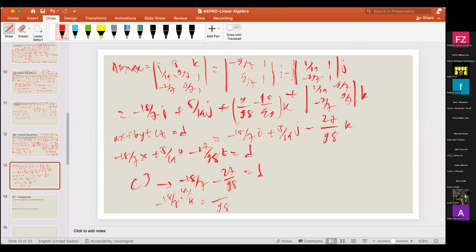And so 18 times 14, that is 234. So D is negative 234 over 98 minus 27 over 98.